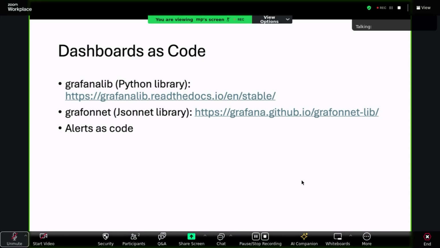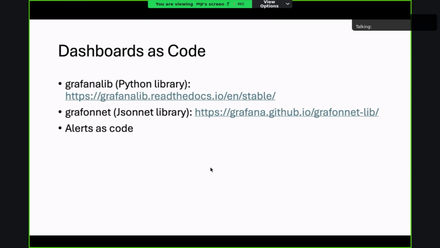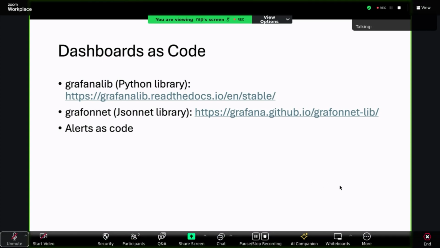The libraries used are Grafanalib, which is a Python library, and Grafonnet, which is a Jsonnet library. Alerts can also be set using code.